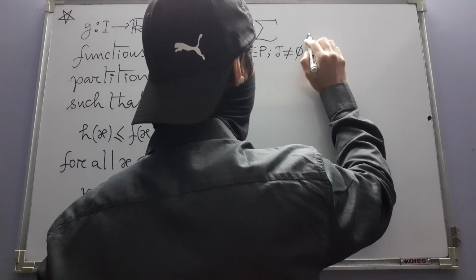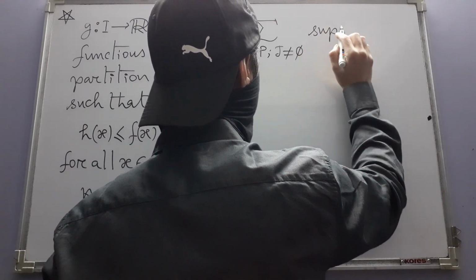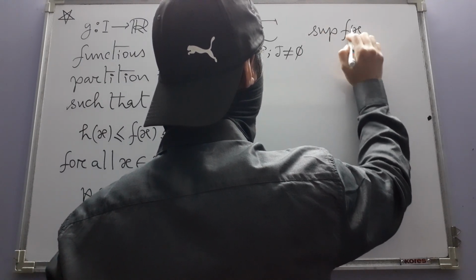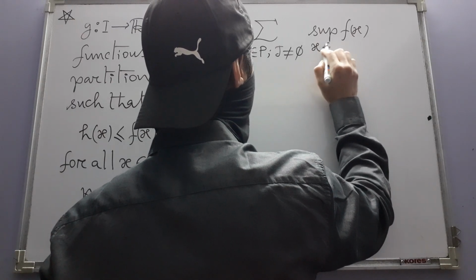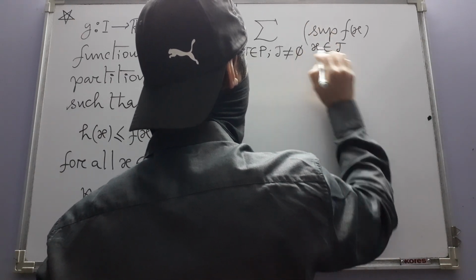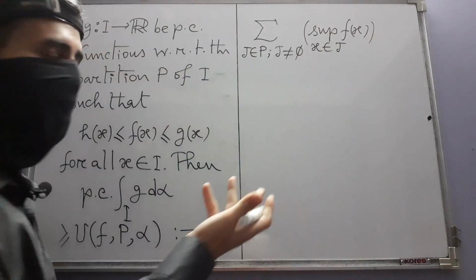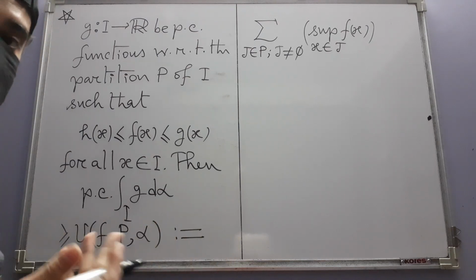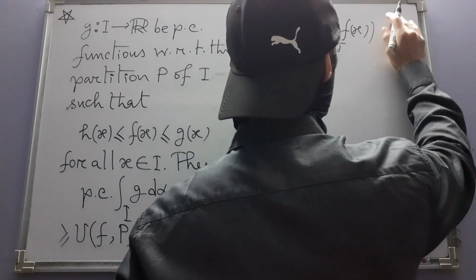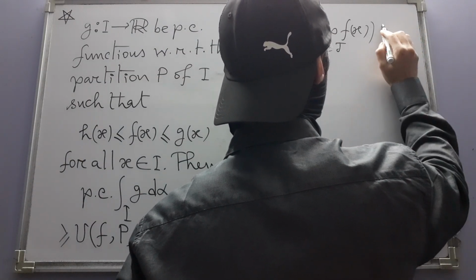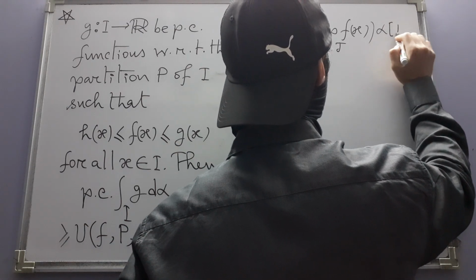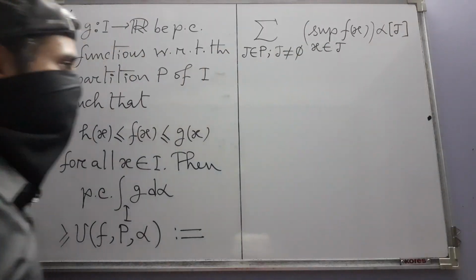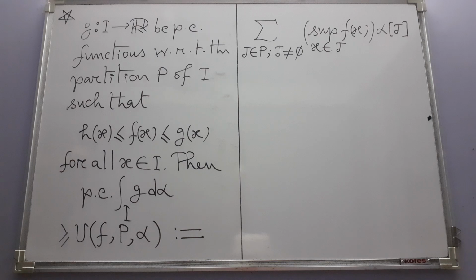And what are the terms? Supremum of f of x as x varies over j. So far it just looks like the ordinary Riemann upper Riemann sum, but now in place of ordinary length you write alpha length of j. That is the difference.